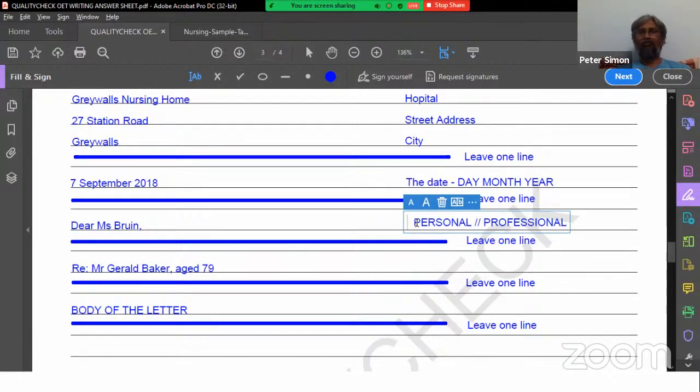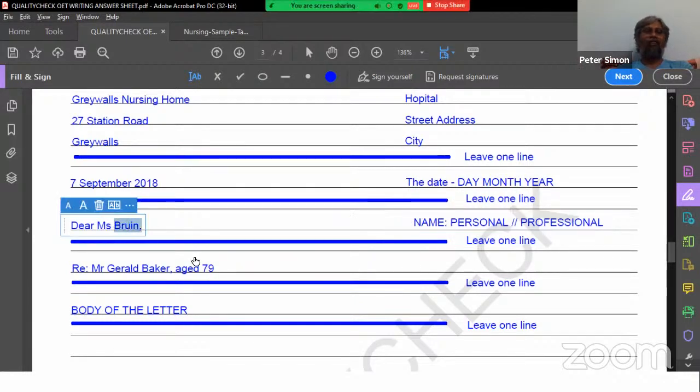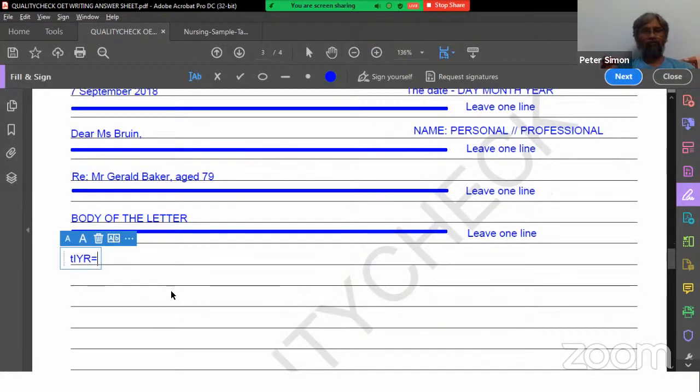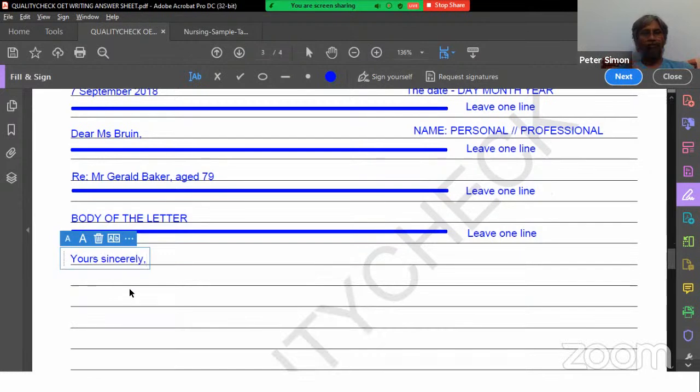So this name is a personal name or professional name you are giving. If you are giving a personal name, the closing remarks will be different. And if you take the professional name, the closing remarks will be different. So here, Dear Miss Bruin, the personal name is there. So here the related closing remark you have to use. Yours sincerely.